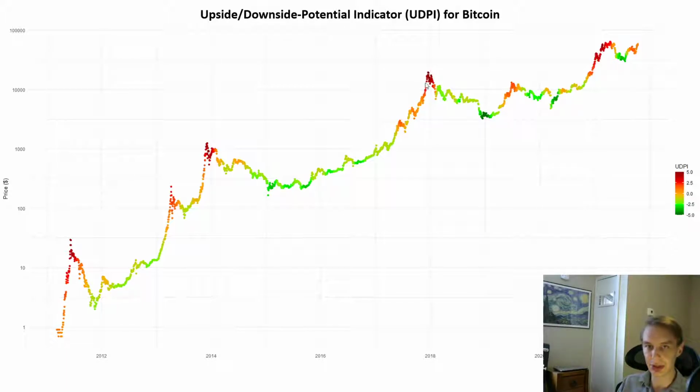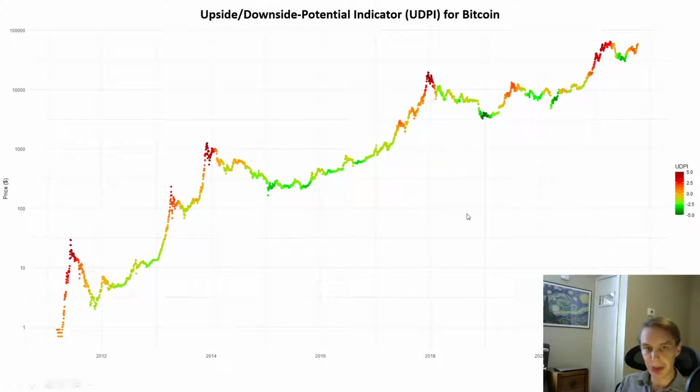And then of course these tops would be points where the upside potential is quite low and the downside potential is quite high. Again, none of this is financial advice of course, but if one were to buy in these green and especially these dark green areas and then sell at these red points up here, one would likely do quite well. One would likely be able to maximize their return on investment in Bitcoin.